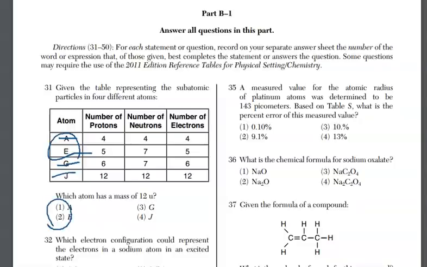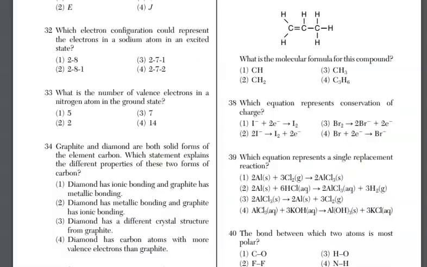Moving on. For question 32, which electron configuration could represent electrons in a sodium atom in the excited state? Excited state means that I have one or more electrons that are further away from the nucleus of the atom. Sodium, notice they did not give you the symbol here.